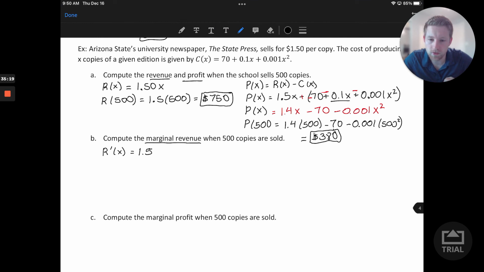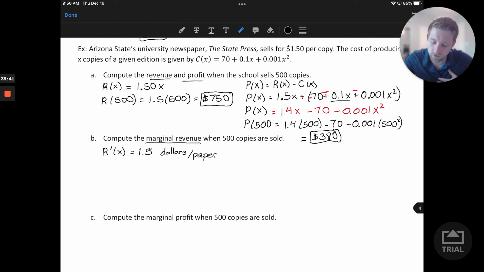So considering marginal revenue when 500 copies are sold, well, we would just consider it's still $1.50, right? The rate of change here is still $1.5 per paper.